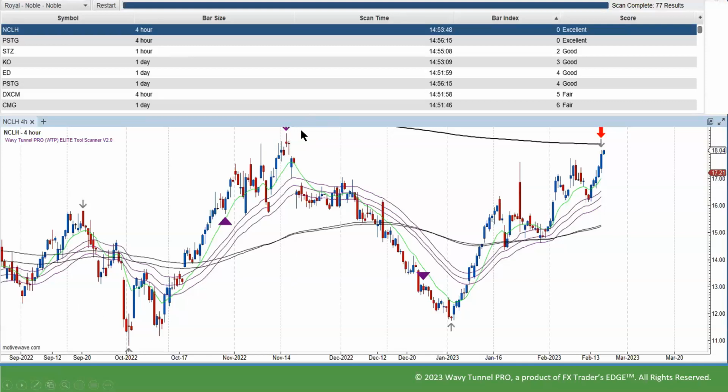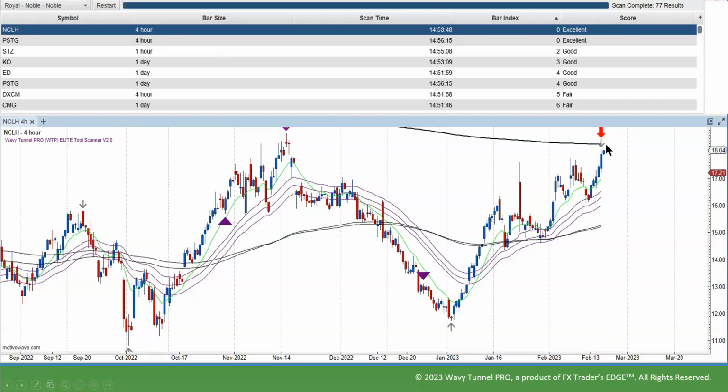Well, what we've discovered was that when we have a purple arrow and the wave crosses down below the tunnel, we're expecting a lower purple arrow. And when you get a gray in between, we're expecting a move down for the lower purple. It happens maybe 80% of the time, maybe a little bit more.